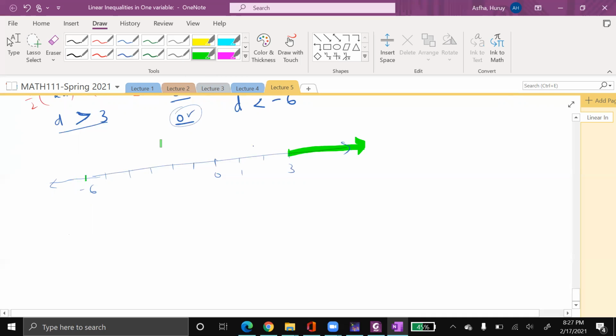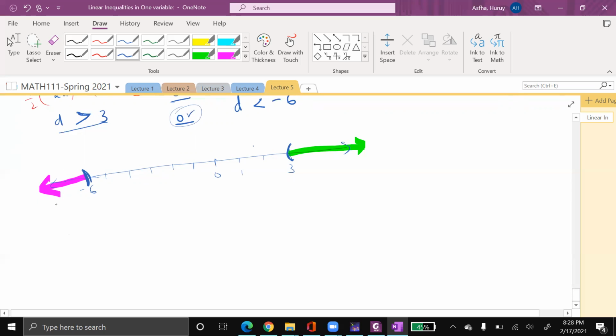Let me use a different color. Okay. And we have from negative 6 all the way to the left, and this is just parenthesis. Now, since this is OR, and as you remember, OR is just addition. You just add the two intervals, which means ignoring the color, just look at which part of this number line is shaded.